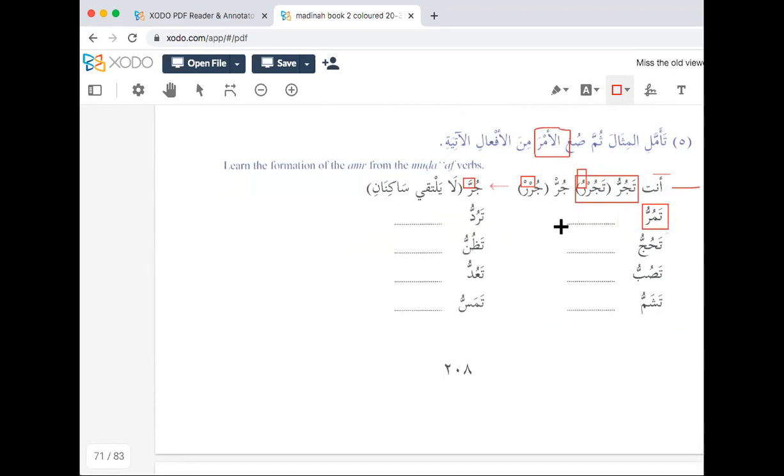Can anyone tell me the fi'l al-amr of marra yamurru? Has anyone got that covered? How will it be? Well, you will remove harf al-mudari' and change the last haraka to a fatha. Simply it says murra, murra.